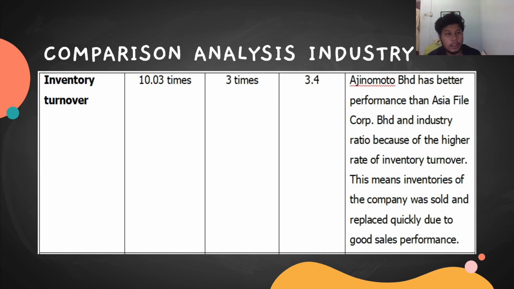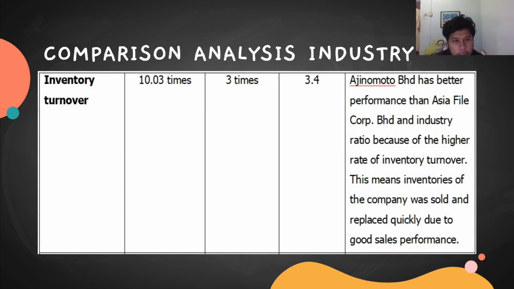Next, the third comparison is the inventory turnover, which shows how well their sales are going, or how often they have to replace or restock their inventory because the inventory has been sold. The industry ratio is 3.4.